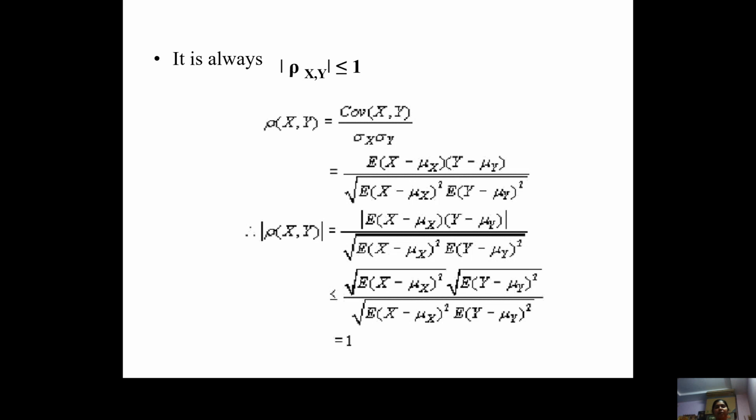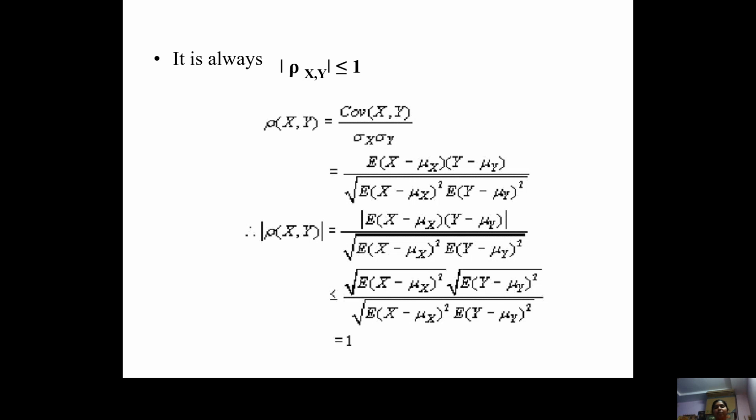So now take the modulus. The modulus is applicable only to the numerator, because the denominator already has square values. When we apply the modulus to E of (x minus mu x)(y minus mu y), we get the modulus of E of (x minus mu x)(y minus mu y), which can be written as the square root of its whole square.